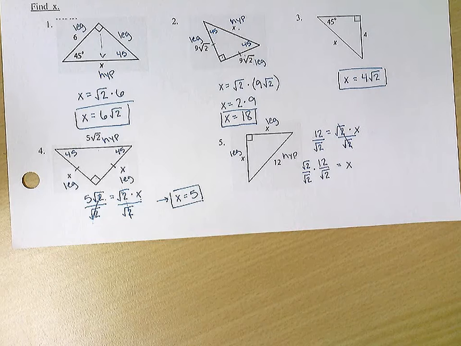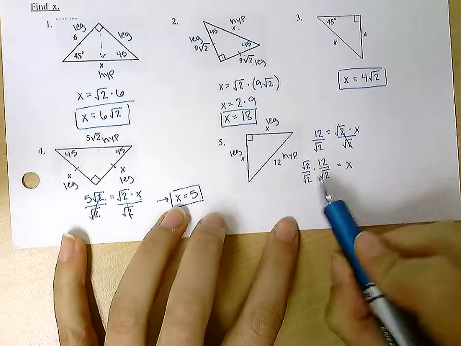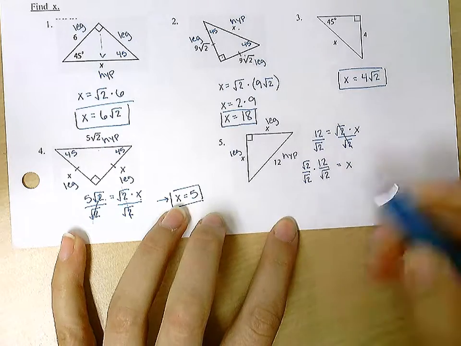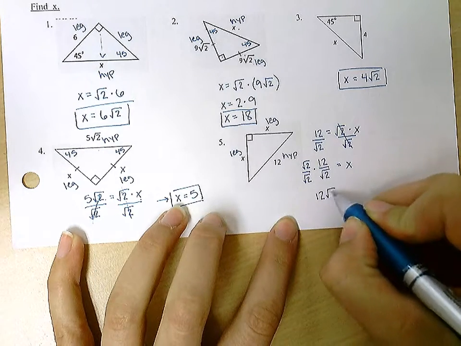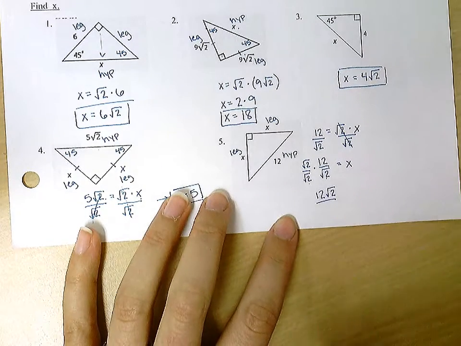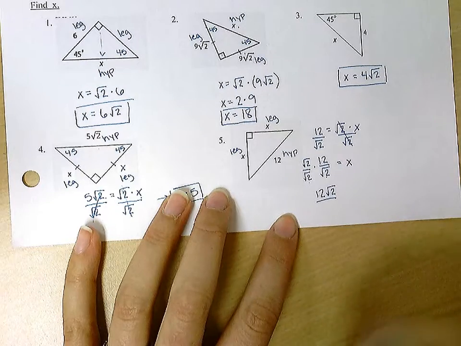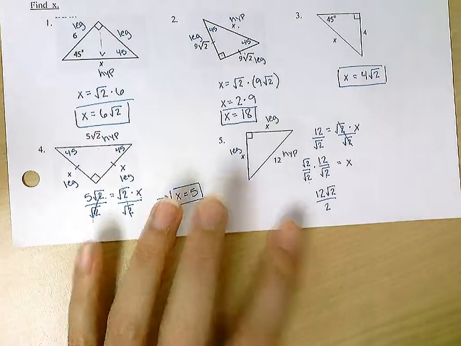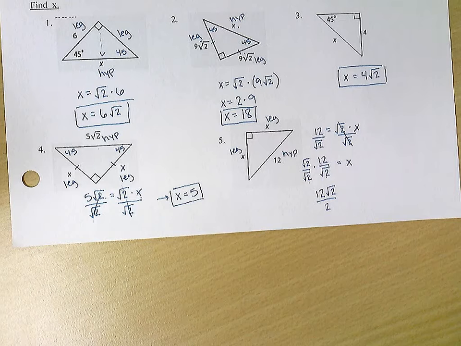So I'm going to multiply by the square root of 2 over the square root of 2. Multiplying straight across here, I have 12 square roots of 2 divided by square root of 2 times square root of 2. Your root should cancel out when you do that. That's why we want to multiply by that number. That root cancels out, so I should just end up with 2.